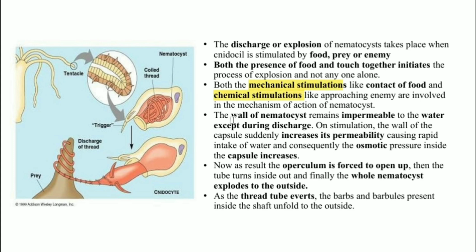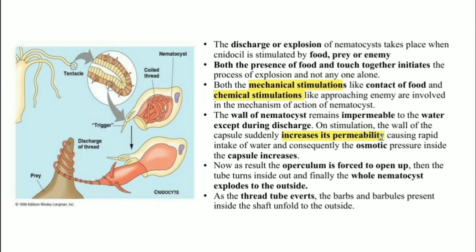The wall of the nematocyst remains impermeable to the water except during the discharge. So most of the time the wall of the nematocyst is impermeable to water, but when it gets mechanical and chemical stimulation, the discharge or explosion of nematocyst occurs, during which the nematocyst becomes permeable to water.